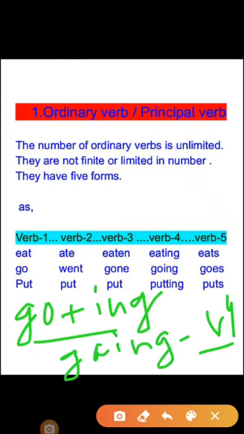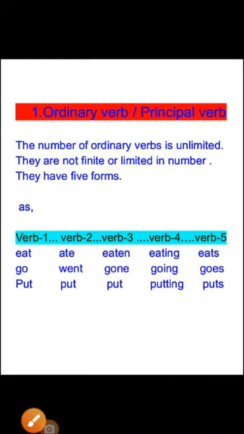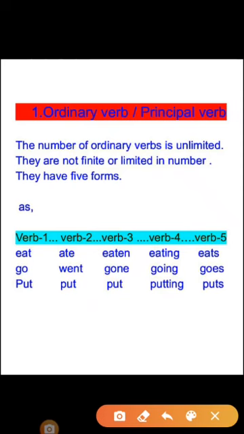So it is very simple, you can make it yourself. You only have to put ing with the main verb. Suppose if it is eat, then you add ing: eating. If it is go, then you add ing: going. If it is put, then you have to add ing.